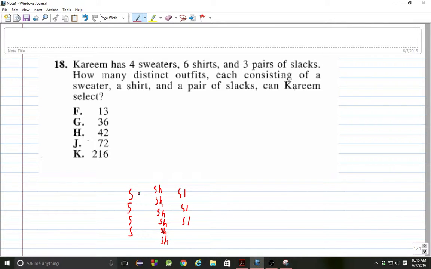So think of it this way. We're looking for how many distinct outfits they can make. That means every single different shirt, every single different slack, every single different sweater, that's a distinct outfit, because that makes the outfit something new.